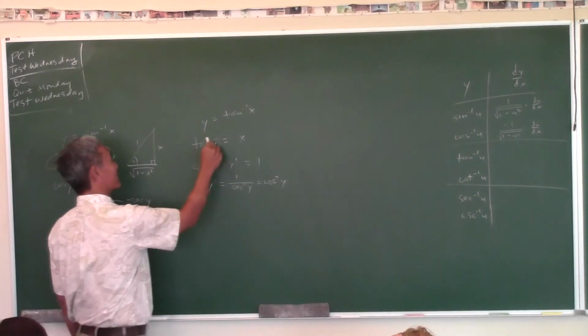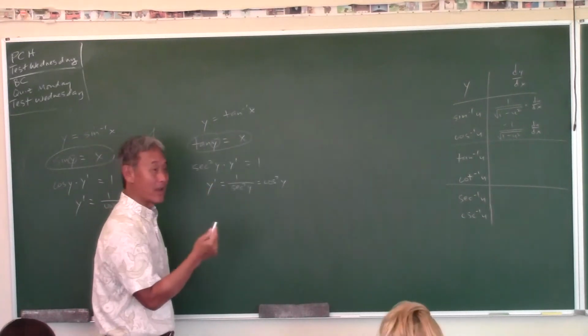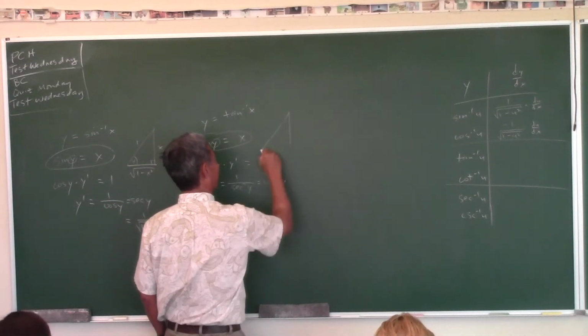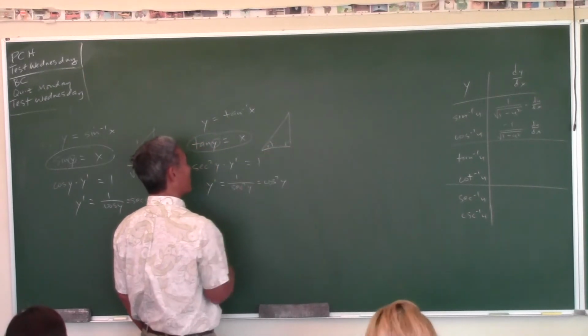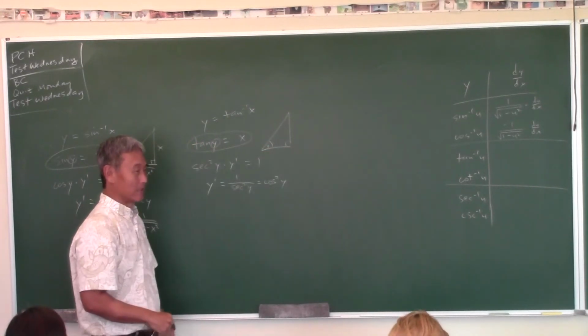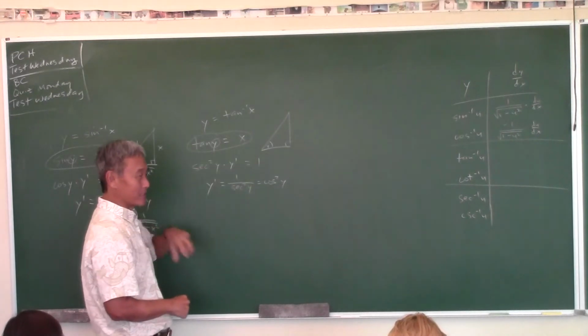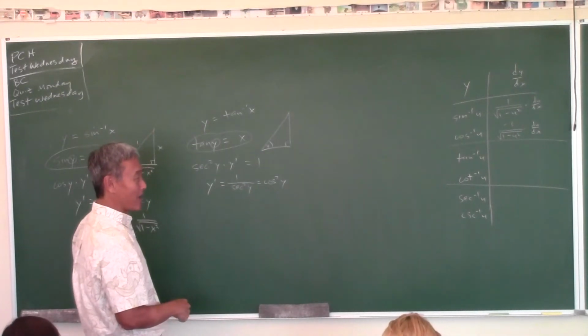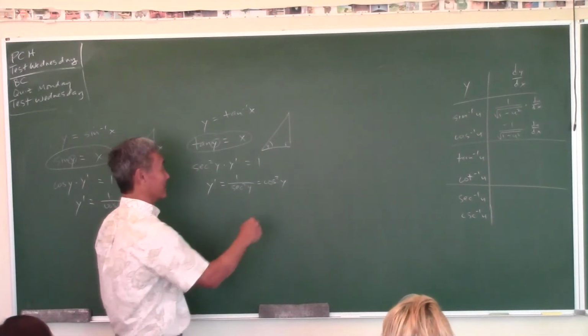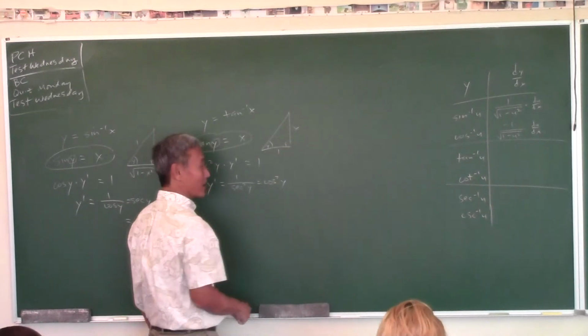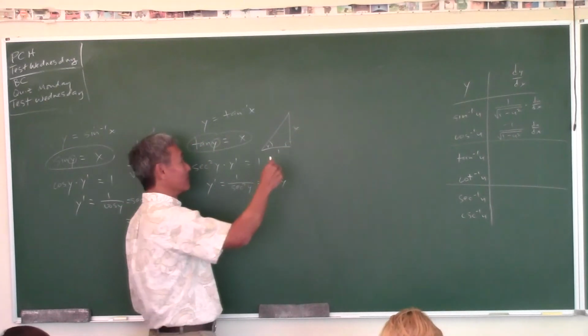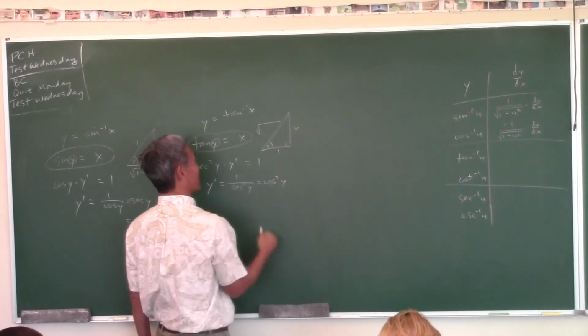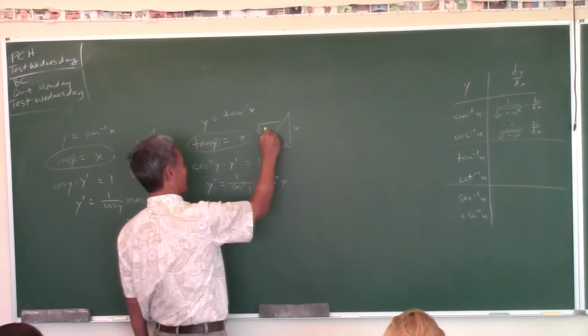Well, we want to write our answer in terms of x. So you go back to this, and you draw the triangle for it. The tangent of angle y is x. Now, tangent is opposite over adjacent. So how can I draw it so that opposite over adjacent is x? x and 1, that's right. Using the Pythagorean theorem, we get the square root of x squared plus 1.